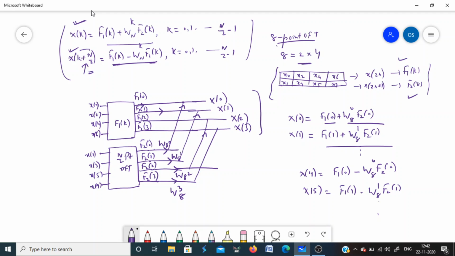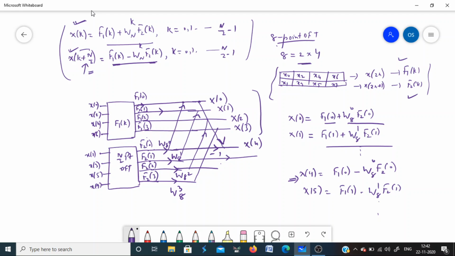To get X[4], you can use this equation. So F2[0] is multiplied with W to the power 0 into minus 1. So if I multiply this branch with minus 1, it will become F2[0] into W to the power 0 into minus 1, and then you have to again add with F1[0], you will get X[4].